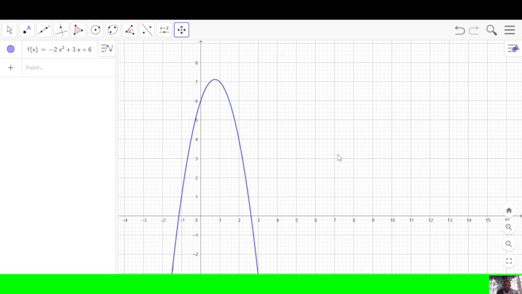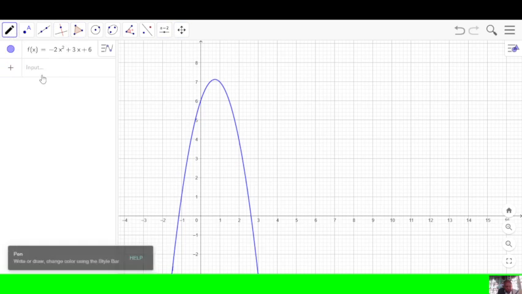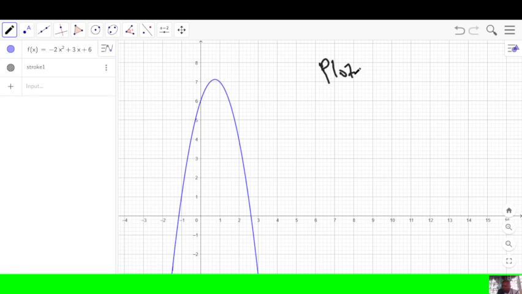That's our equation. Now the question was, plot the graph y equals to negative 2x squared plus 3x plus 6.